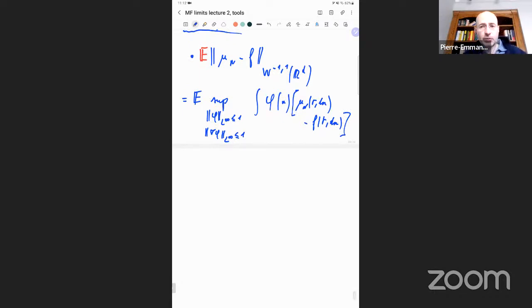And because this has a relatively simple expression, it has been a popular distance for mean field limits.